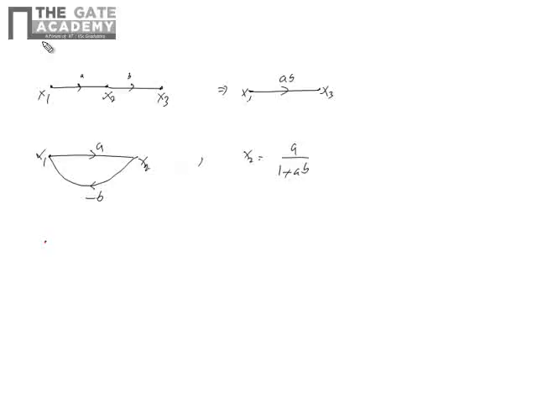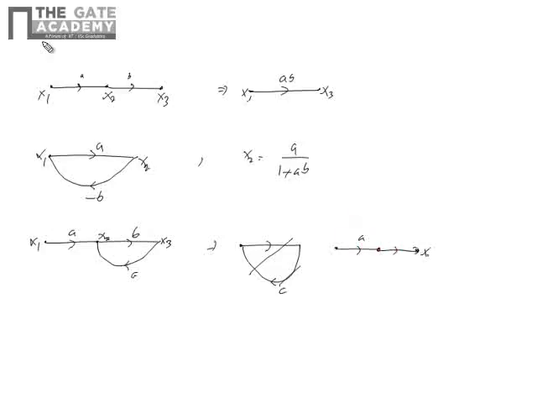Then another example, let's see, this is a, b, and this is c, x1, x2, x3. So finally you will get, sorry, this is a and this is b by 1 minus bc.